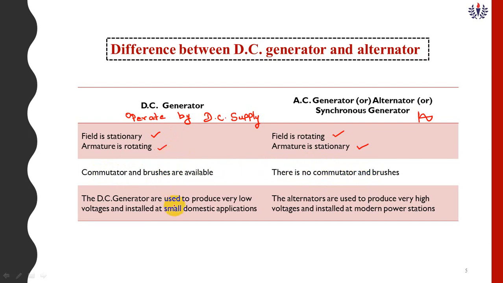The DC generator produces very low voltage and is installed in small domestic applications. But the AC generator produces very high voltage and is installed in modern power stations.